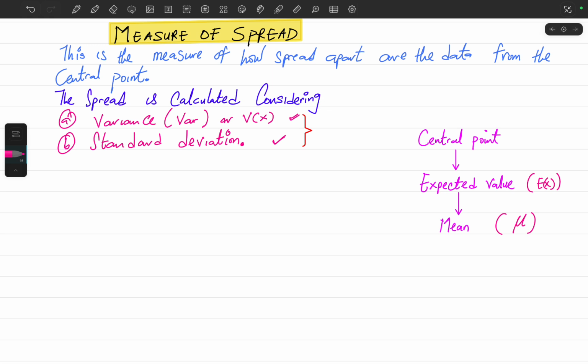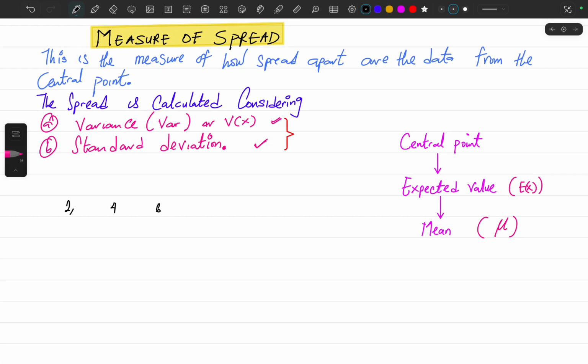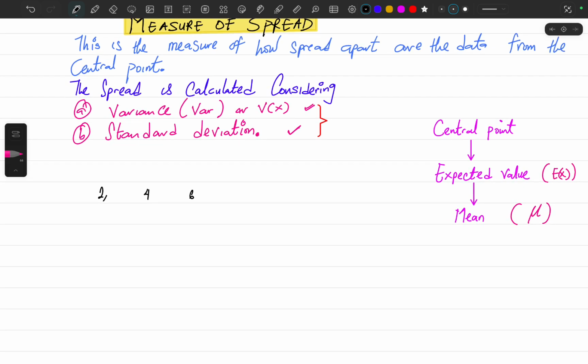Now, I'll give you an example here, which is a very, very basic example. Let's take a number like 2, a number like 4, and a number like 6. Now this is 2, 4, 6, right? What I want to find here is the center of these numbers.